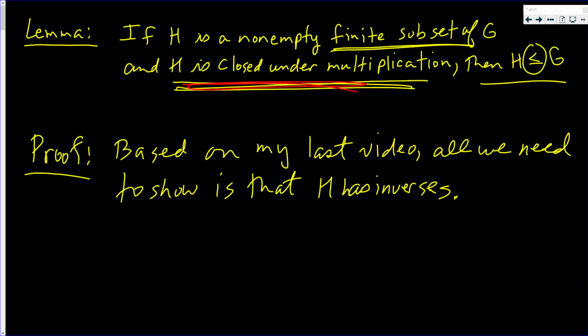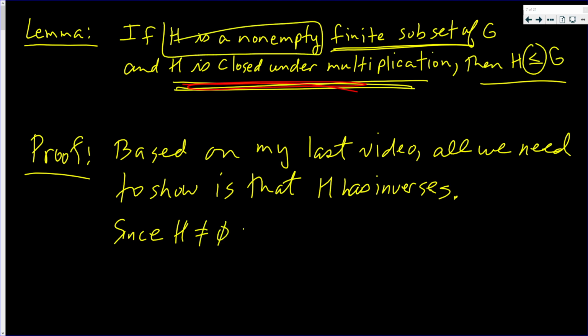Well, let's pick an element A in H. But first, let's argue that there is an element A in H. Since H is not the empty set, it's non-empty, that implies that there exists an A in H. It's also in G, because H is a subset of G. Okay, now it's a finite subset of G.